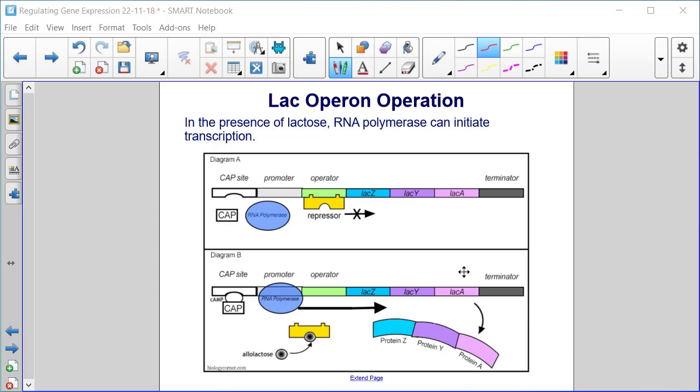So you can see that ordinarily the repressor binds the operator and the transcription is blocked. But in the presence of lactose, which can bind the repressor, causing it to fall off the operator, the polymerase can move, allowing transcription.